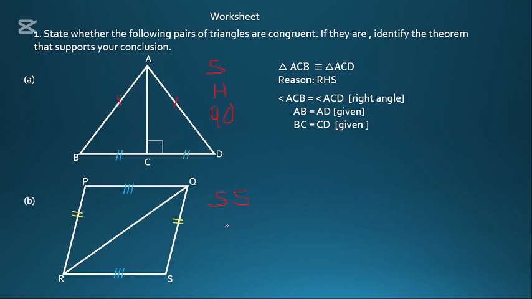Now the third one can be a choice between a side and an angle. Right. There's nothing to show us the sizes of these angles, but we know that this side belongs to PQR and it belongs to QSR. So it's side, side, side.